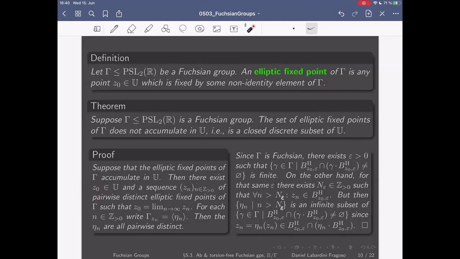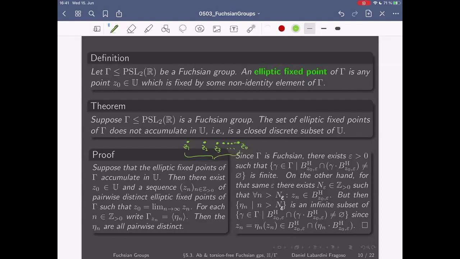And so now we can look at these individual points. Maybe I'll draw a picture again. Somewhere we have Z0, which could be any point, and then we have some sequence of fixed points.